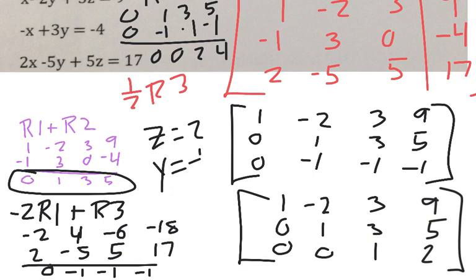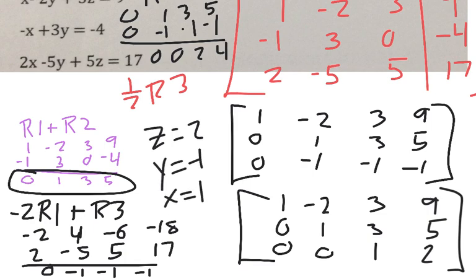Okay? Now if I know those two things, I can plug both those into the top equation. So this would be negative 2 times negative 1 is 2. 3 times 2 is 6. So I've got 2 and 6 is 8. I move that 8 over. It becomes negative 8. 9 minus 8 is 1. So 1x equals 1.